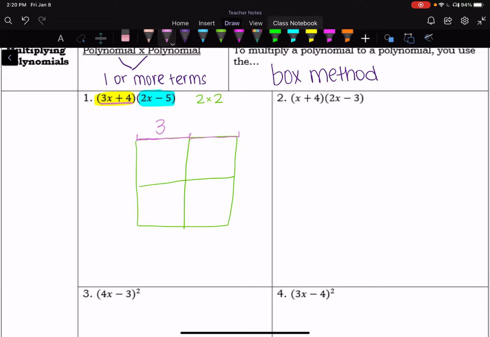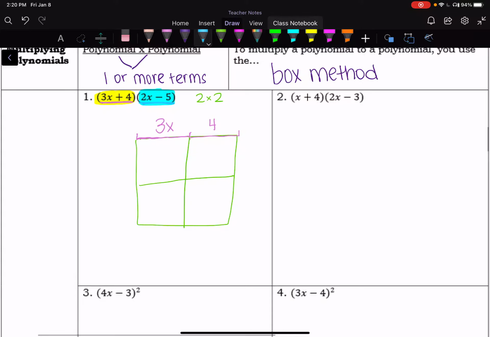So 3x goes into the first location and 4 in the second. Same thing for 2x minus 5, except here these are going to go on the bottom. 2x and negative 5.